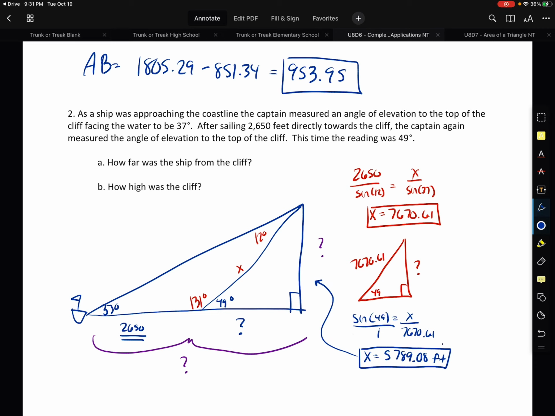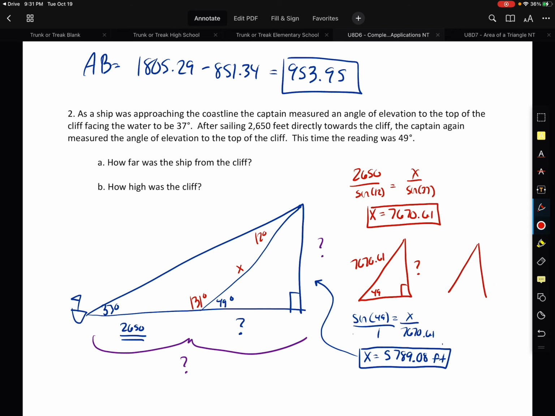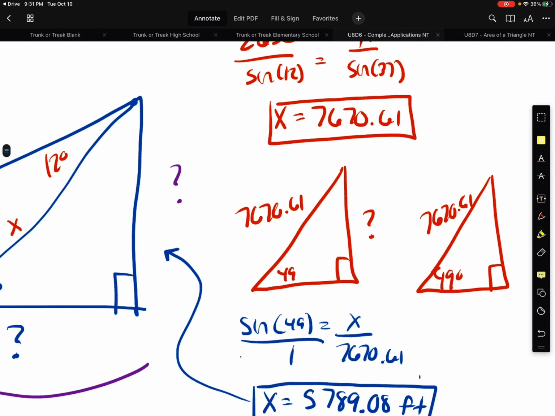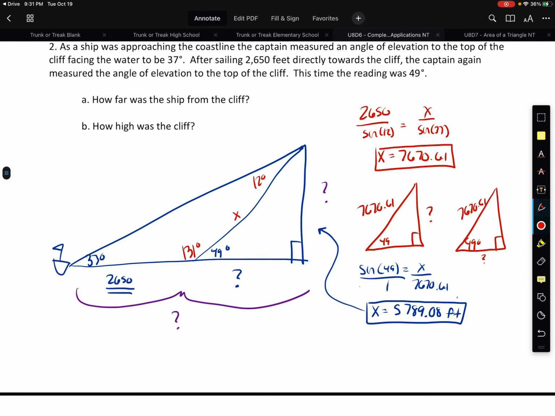We could solve using SOHCAHTOA again, with 49 degrees and 7,670.61. I set up cos of 49 equals adjacent over hypotenuse.